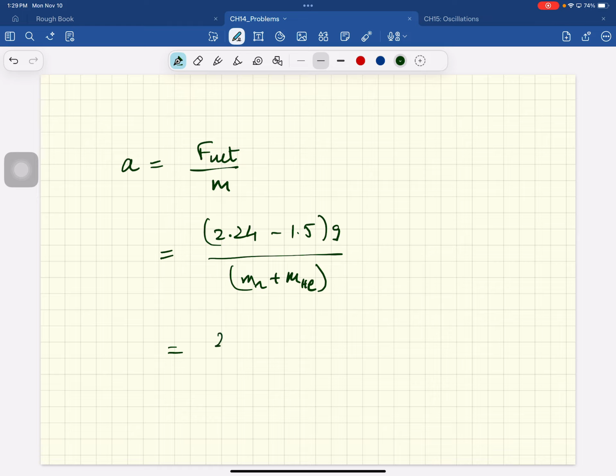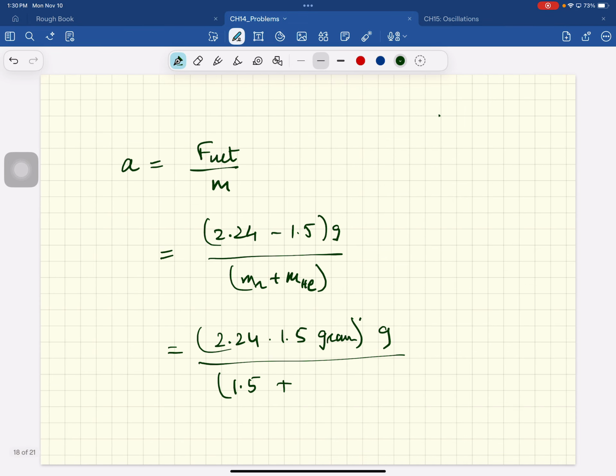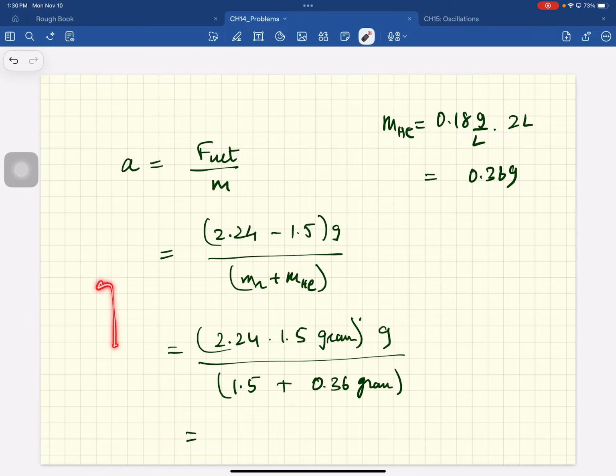So 2.24 minus 1.5 grams times G, divided by 1.5 grams plus the mass of helium. The mass of helium was 0.18 grams per liter times 2 liters, 0.36 grams, times G. So this was the acceleration of the balloon upwards.